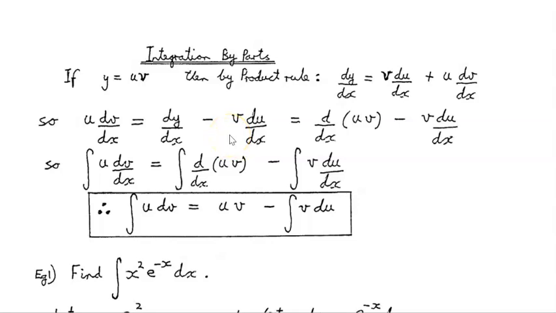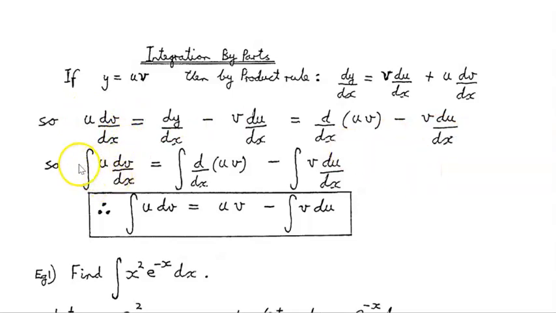Then where it says y, we can replace it with our original function u times v, u of x times v of x, so that dy dx is simply the derivative with respect to x, d dx, of the product uv. Remember, the product uv is just y. Now d dx of uv minus v du dx is equal to u dv dx. Doesn't seem like it helps us much, but it will.